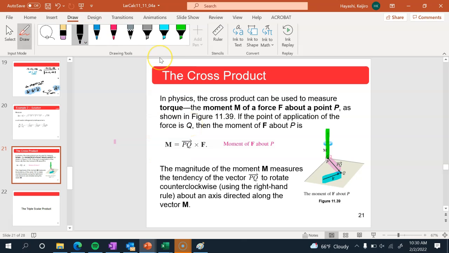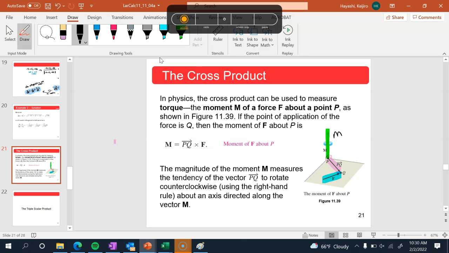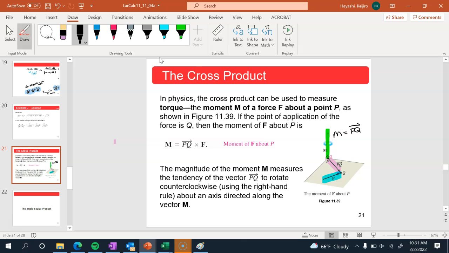So this is m, and the reason it's going the direction it is, is because m is the cross product of this one vector and this other vector.